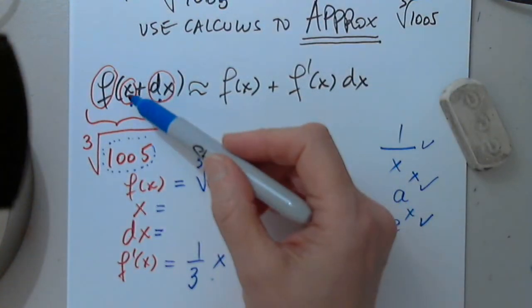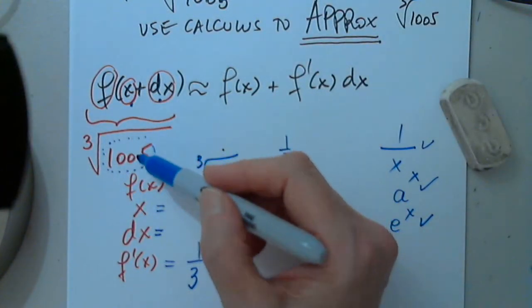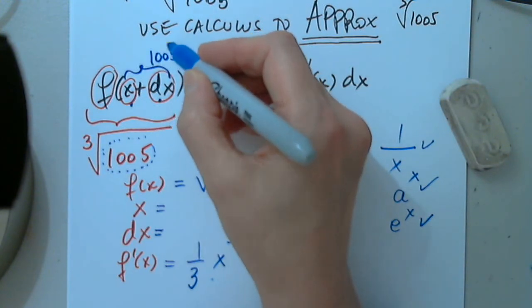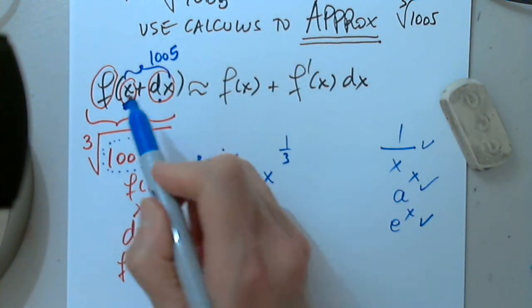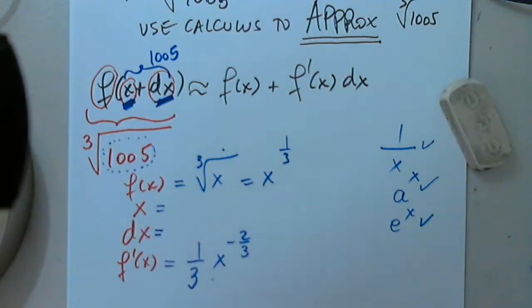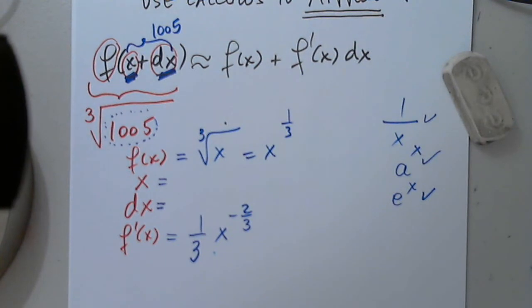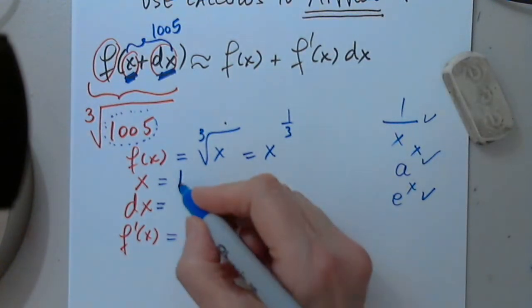We are talking about what we plug in this function. So this quantity is 1005. I need to identify x and the little error. If the sum is 1005, what do you think x would be and the error would be? x would be 1,000, of course.